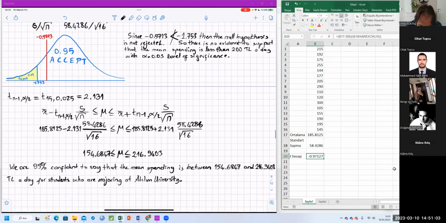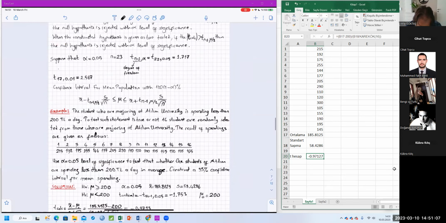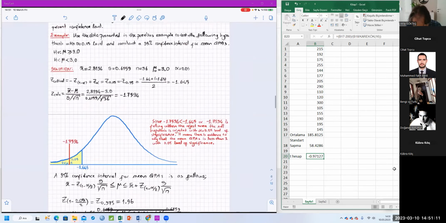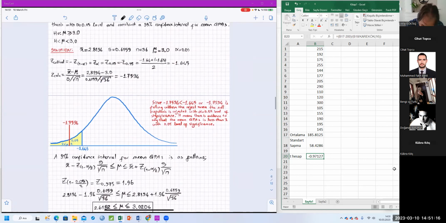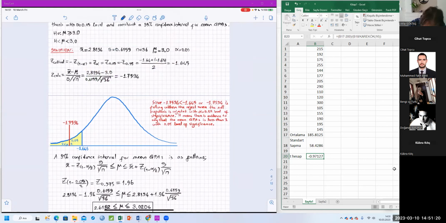Okay, I think we have done enough for this section too. We studied 2 sections today. I have forgotten to write: this is the accept region, this is 0.95.